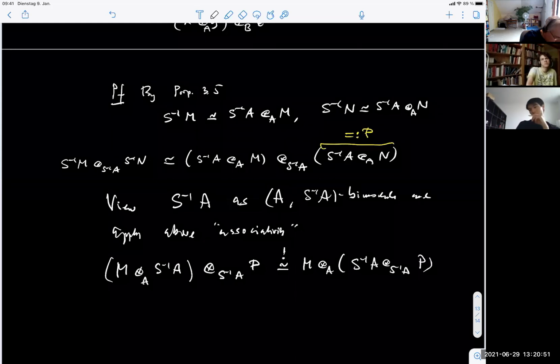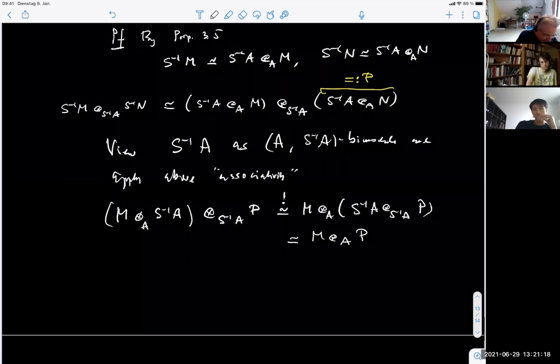Okay, now you see, but now what is nice, right? Here, this is just P. Because P tensor B is P, because tensoring with the ring itself is like the 1. You see? So this is just this. Okay, so I have this.